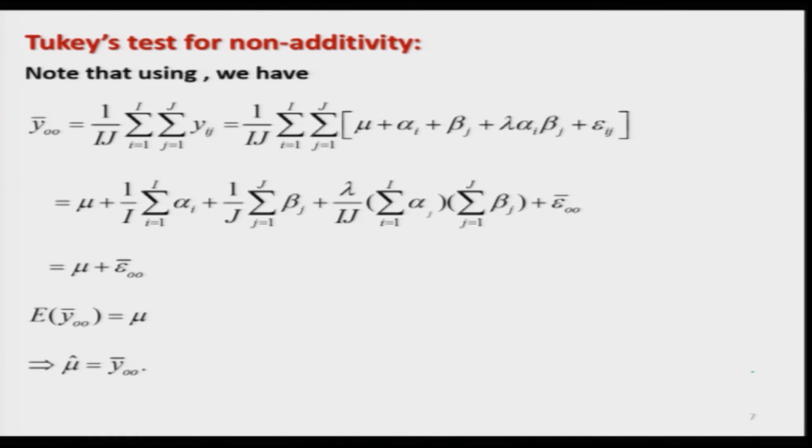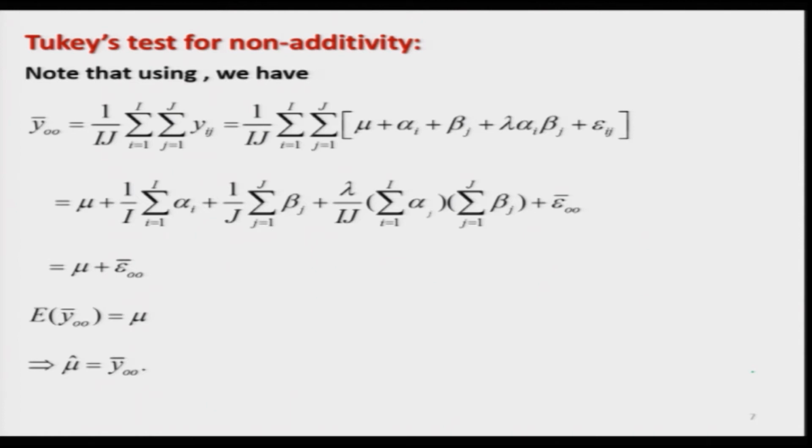So, now let us first understand the role of different values in this setup, right. I would request you that for some time you just concentrate on this slide and try to see what happens to the mean of all the observations under this type of model, and I am not making any comment here whether my lambda is 0 or not. Right.